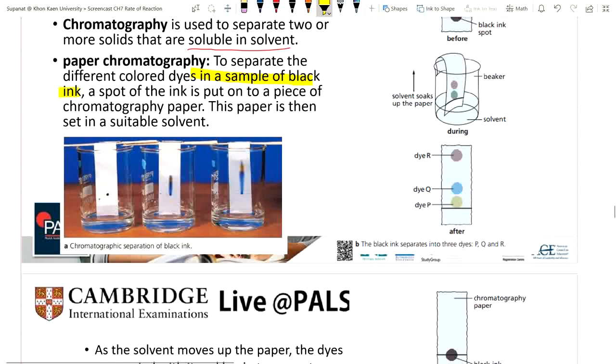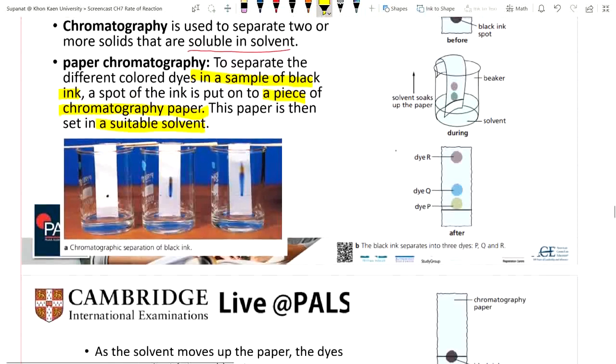Let's have a look here. The chromatographic separation of black ink: a spot of ink is put onto a piece of chromatography paper. This paper is then set in a suitable solvent.